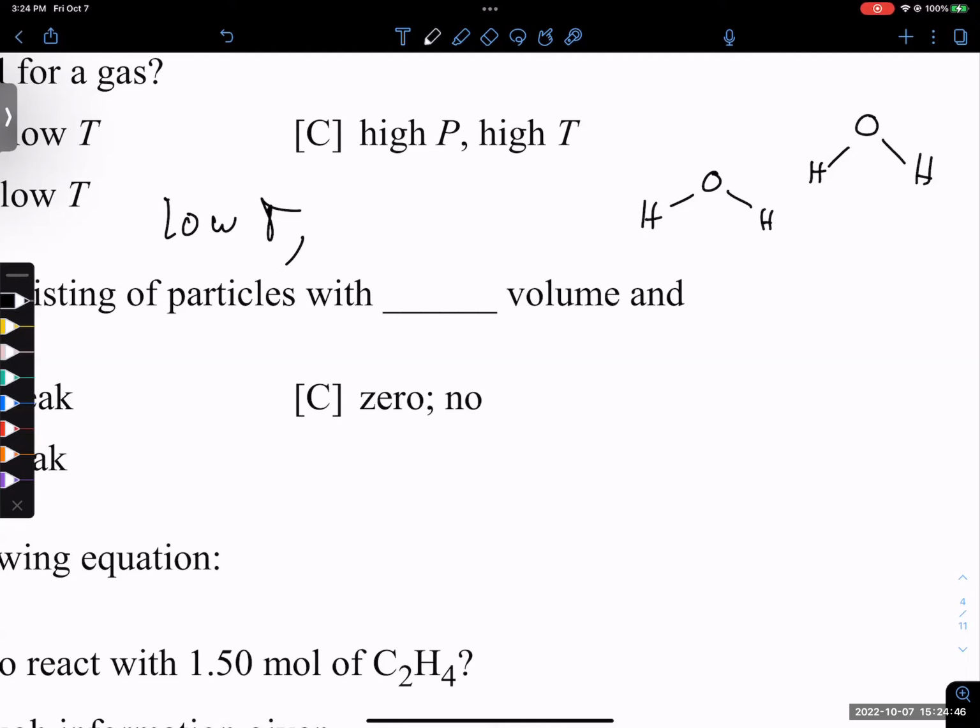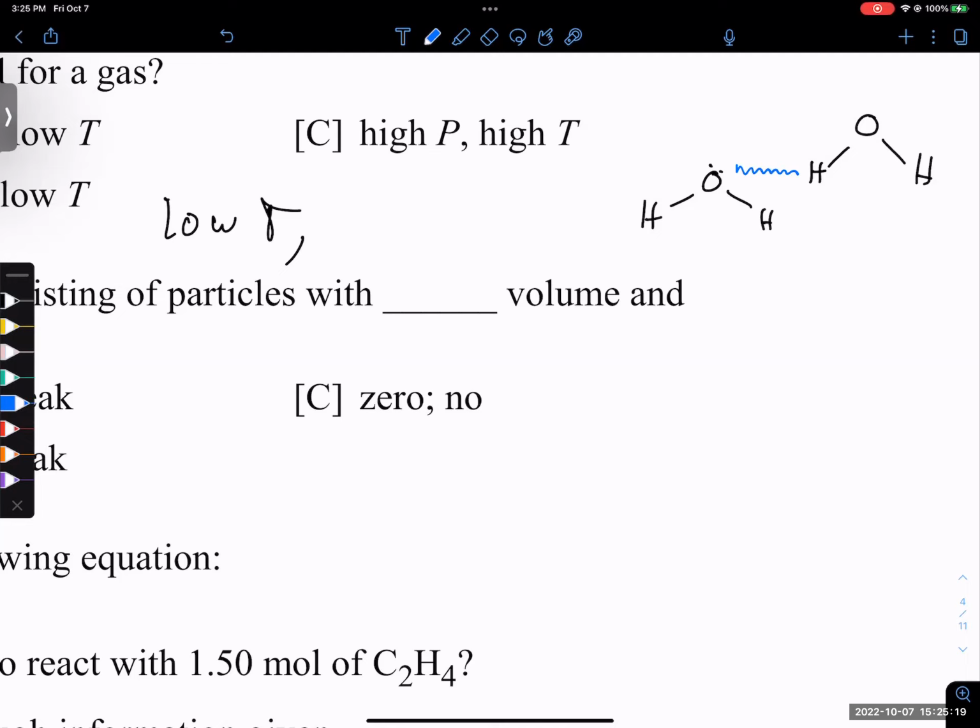If we have two water molecules in their gas phase, and they're moving relatively slow, these water molecules begin to interact with each other. And when molecules interact with each other, it deviates away from ideal gas behavior, because one of the postulates of ideal gas theory is that the individual particles do not really interact with each other in their container.